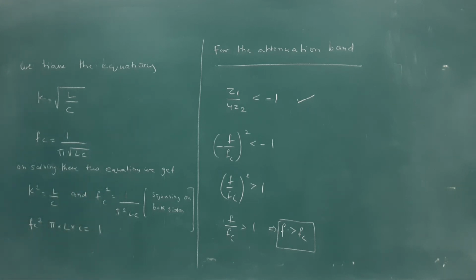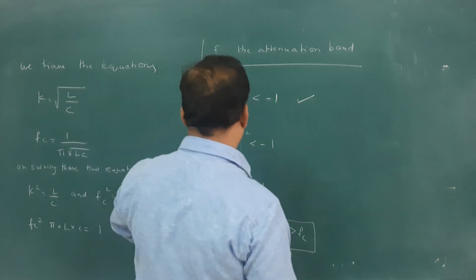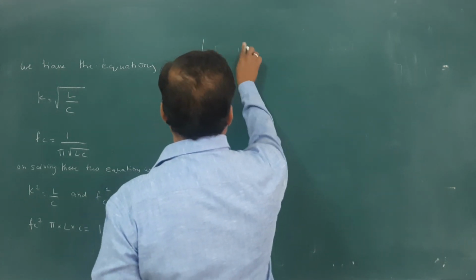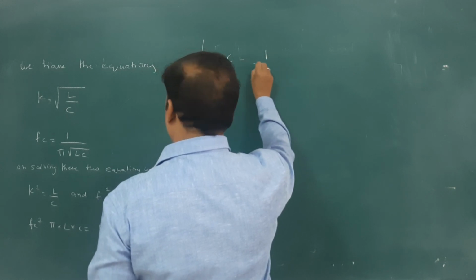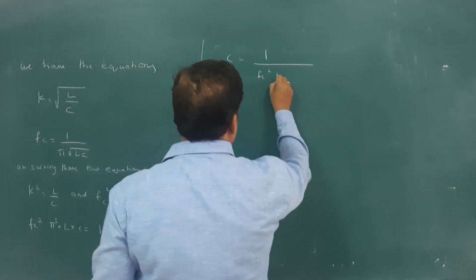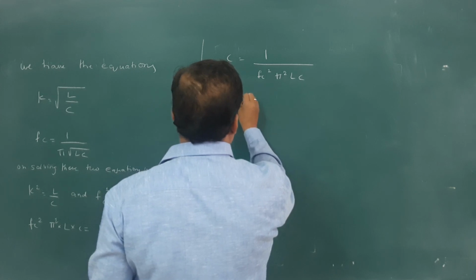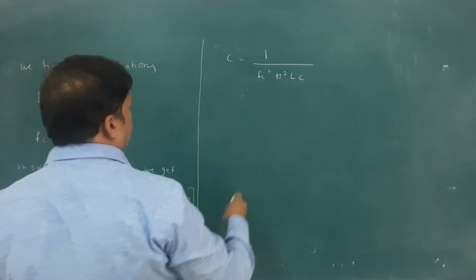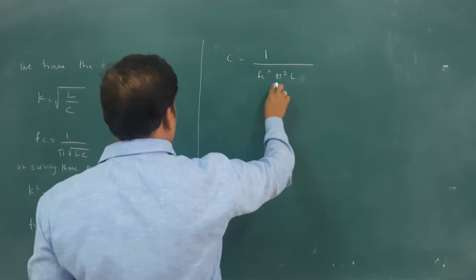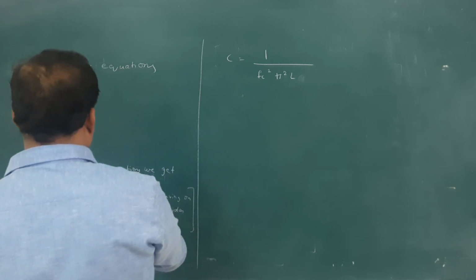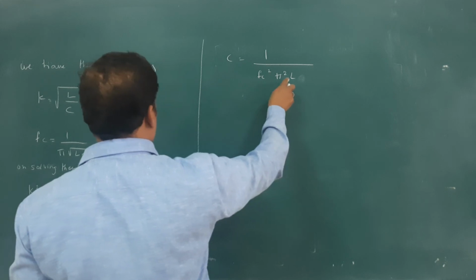So I have to get the value of C now. C is equal to 1 by fc square into pi square into L.